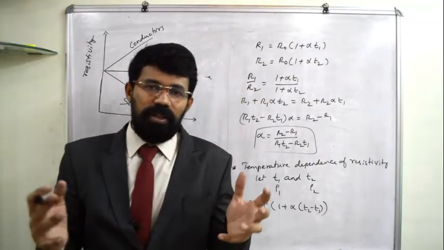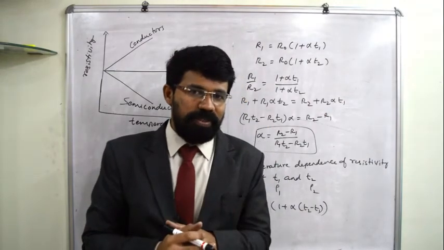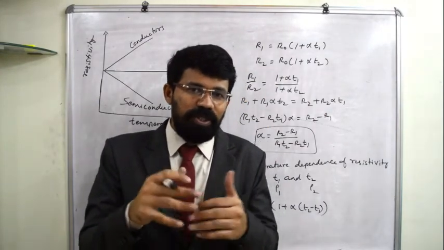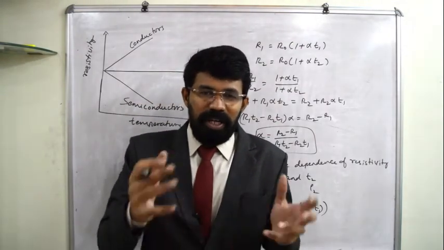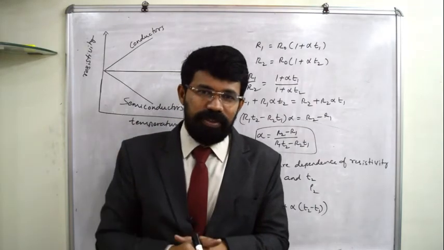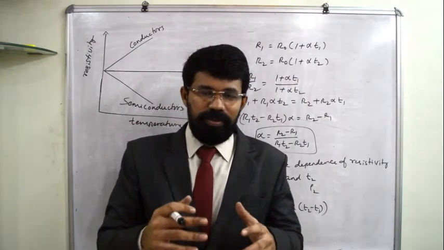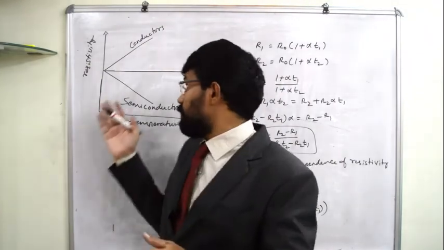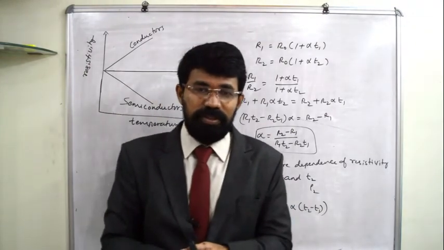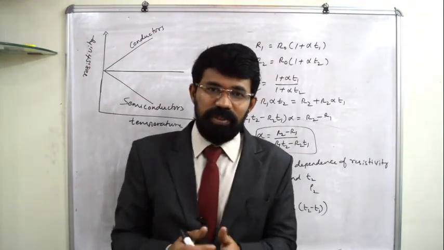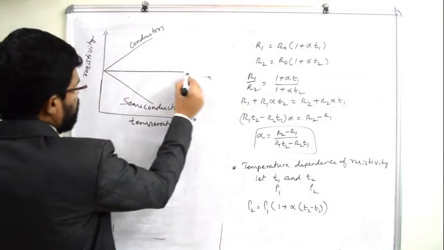With alloys, we have a combination of materials, so the arrangement of the atoms inside the material will be random. When they are randomly arranged, they already possess some kind of resistance, and that will be the highest value compared to conductors and semiconductors. When you are dealing with the maximum possible value of resistivity, though there is a change in temperature, that maximum value doesn't change. So for alloys, you will have this kind of line.